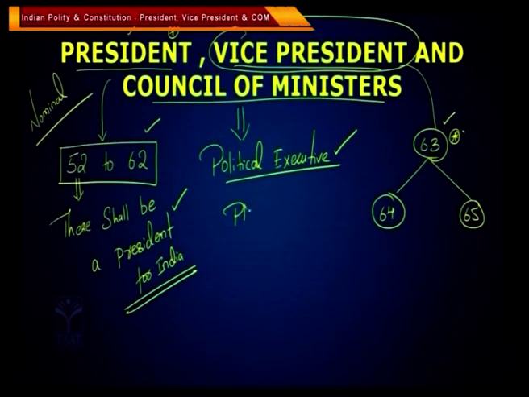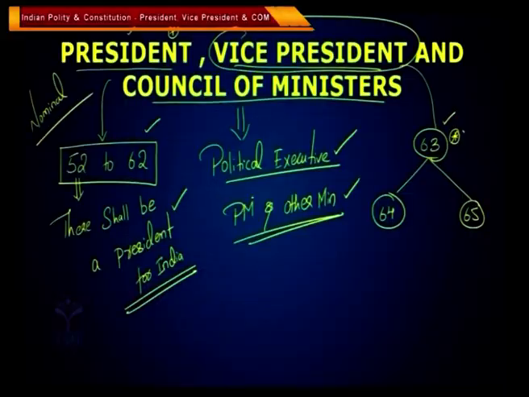The Union Council of Ministers includes the Prime Minister and other ministers such as your Defense Minister, External Affairs Minister, HRD Ministry, Finance Ministry, etc. There are many ministries in the Union Council of Ministers.